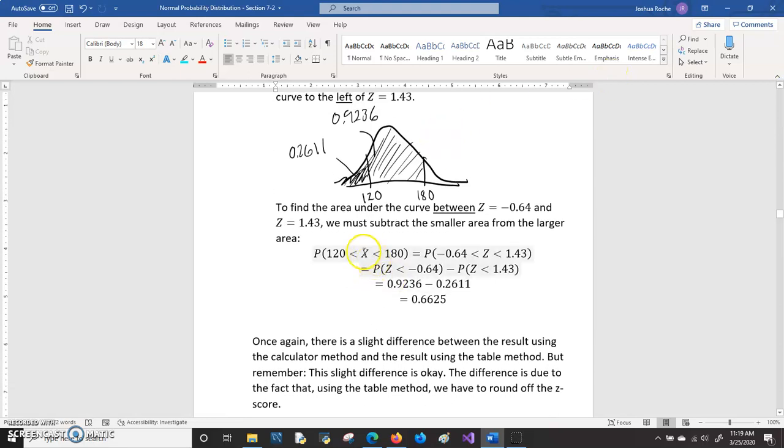So I guess the lesson is that when you want to use a table to find a probability of x being between two numbers, you'll have to find two z-scores, find their areas, and then subtract those two areas.